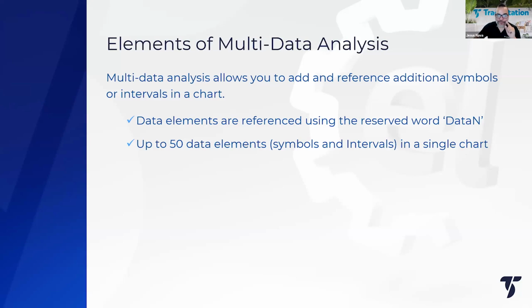So up to 50 data elements, which is impressive. I don't know how many software packages or trading platforms allow you to do this, but the ability to introduce 50 different symbols into one single chart gives you many possibilities. Maybe you want to create an index of your own, bring all these symbols together and have an index that gives you a value of some sort.